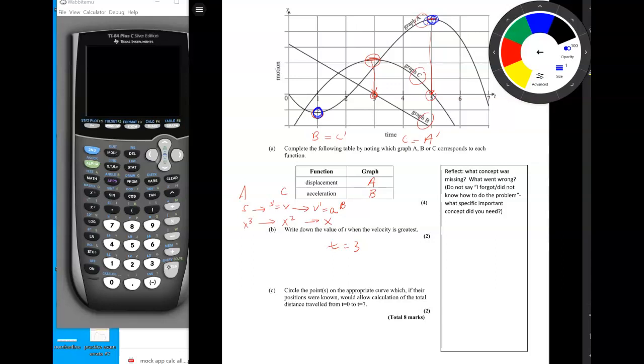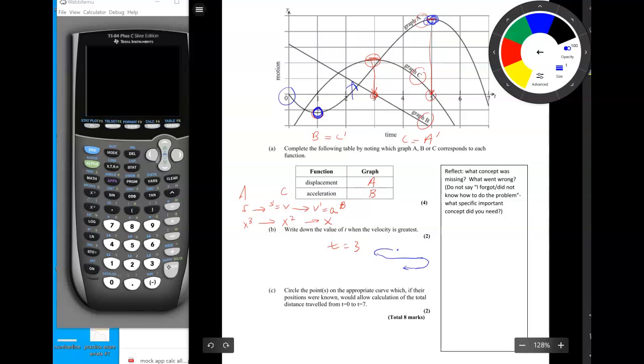Because let's look at this. If we know that the displacement starts at 0 and then it goes in the negative direction, and then it turns around and goes in the positive direction, and then it turns around and goes back in the negative direction.